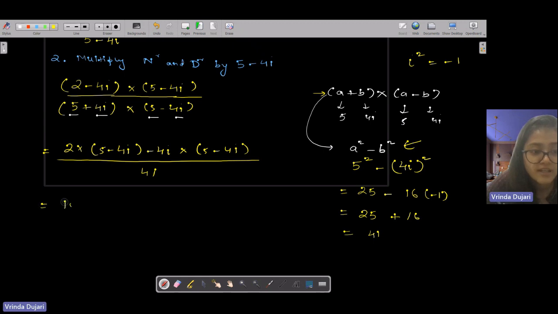Now 2 times 5 is 10. 2 times -4i is -8i. -4i times 5 is -20i.